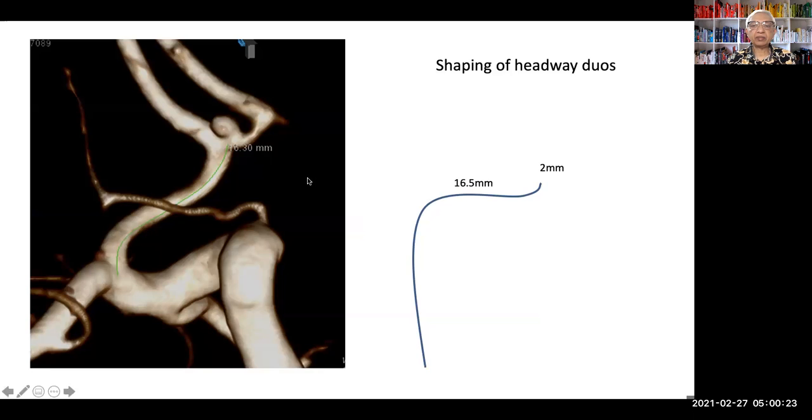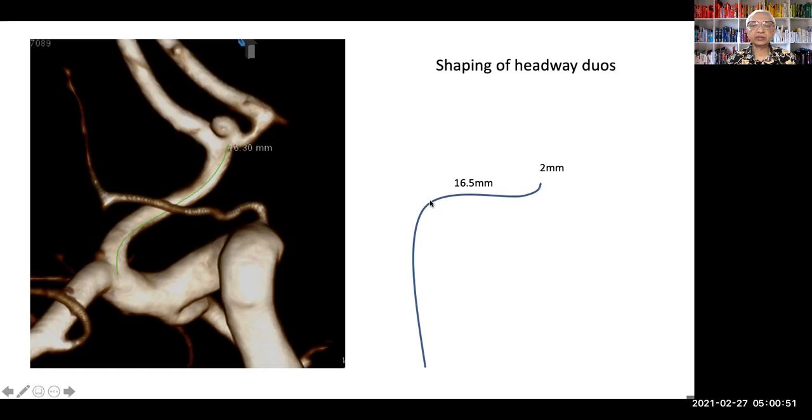Then we pre-shaped the microcatheter. We gave a right angle curve at a distance of 16.5, which was the exact measurement from the origin of the ACA to the point where it enters the aneurysm. So that is 16.5 millimeters of length. And then we gave a little 2 millimeter right angle curve to this.